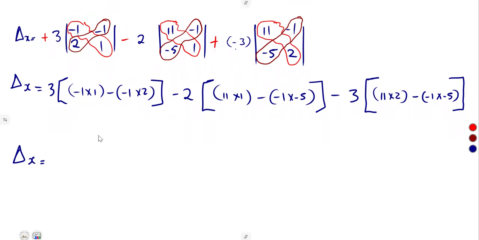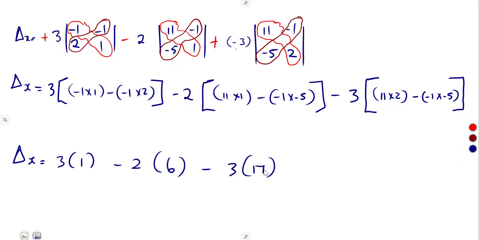Because of time, I want you to just evaluate everything here. Just use your calculator. So it's going to be 3 times, after evaluating this, you're going to get a 1. 3 times 1 minus 2. You evaluate everything in this bracket, you're going to obtain positive 6. Minus 3, you evaluate everything here, you're going to obtain 17.